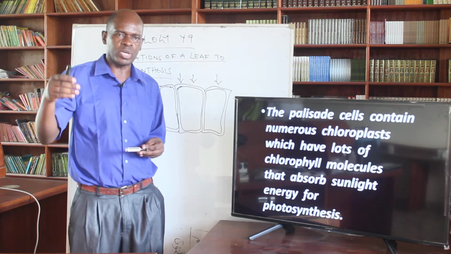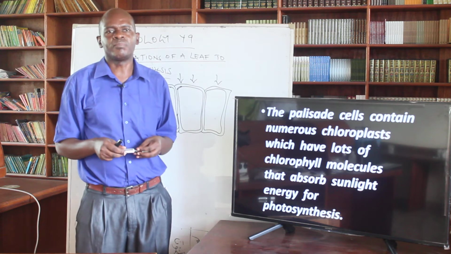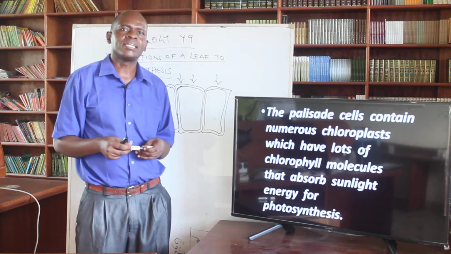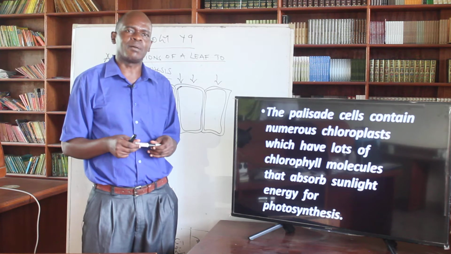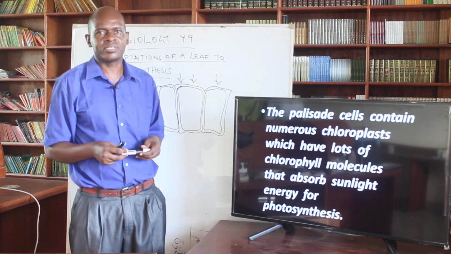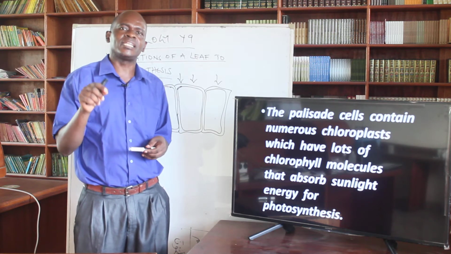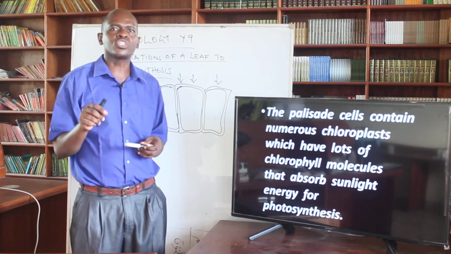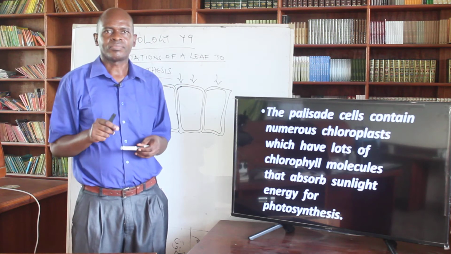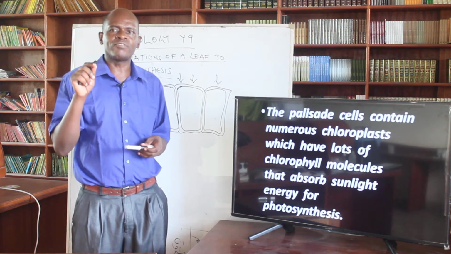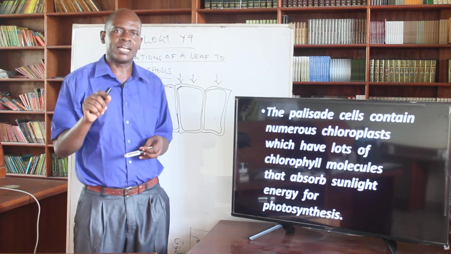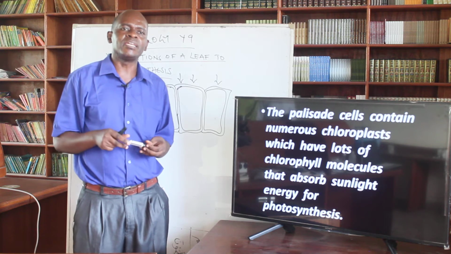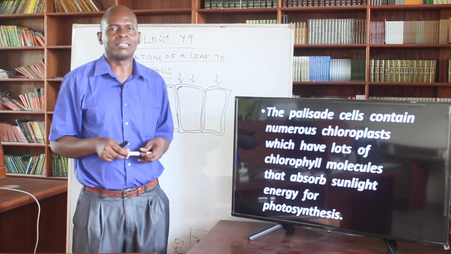If I may take you to our previous lesson, remember we looked at the chloroplast as an organelle where this particular process of photosynthesis takes place. And we said that inside the chloroplast we have what we call the grana. One, or the singular form, is the granum. So the various stacks of grana have very many molecules of chlorophyll.